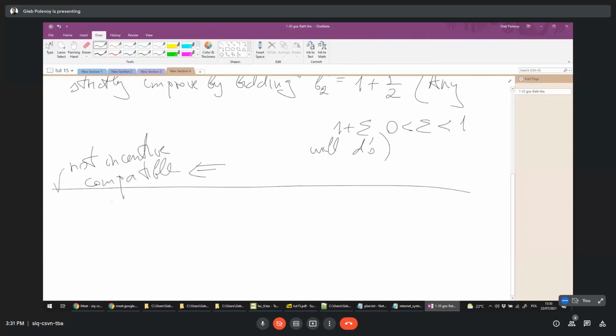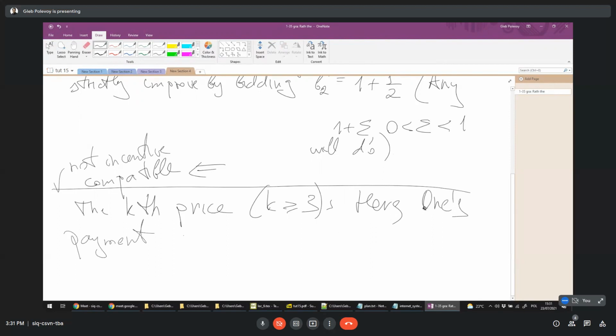And we're done. Now, what about the k-th price option, where k is at least 3? Here, one's payment does not, like in the second price, depend on her bid.